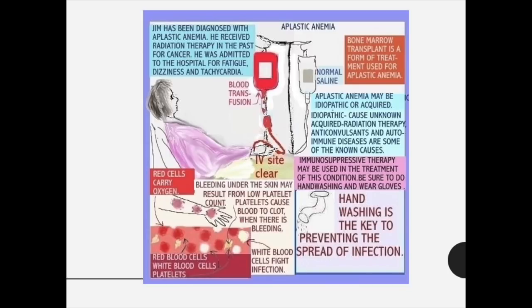So just think about all the things that you, as the nurse, are going to have to make sure is being done for this patient. They are still allowed to have visitors, but their visitors are probably going to need to wear a mask if their white blood cell count is too low. So there is a lot to consider when taking care of these patients.